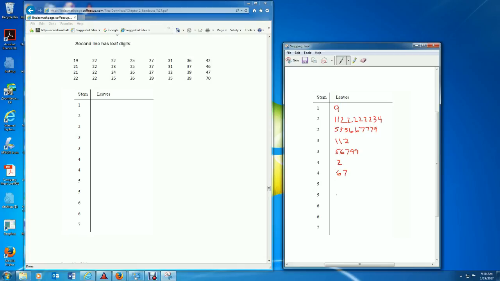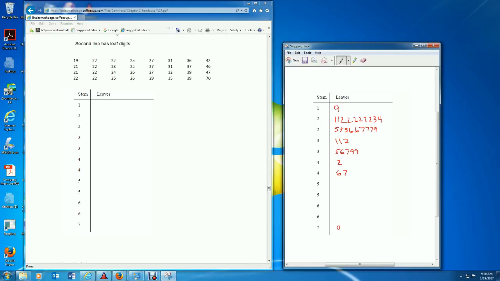No 50s, no 60s. I'm sorry, I have 70. And again, I have to leave 2 lines for 5 blank and 2 lines for 6 blank. You can't just disregard those if you don't have data.